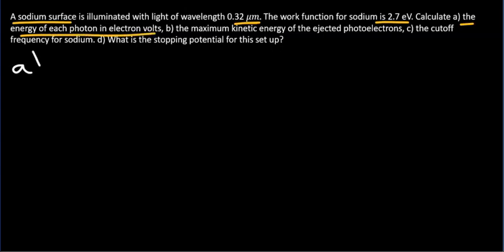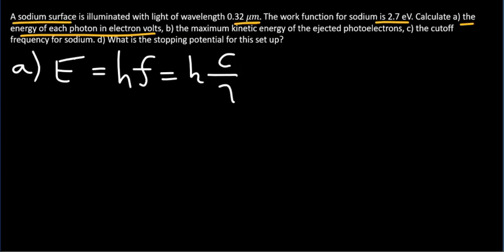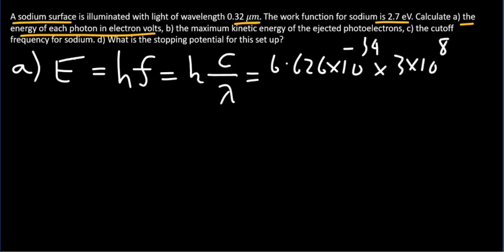Well, that is simple. The energy of a photon is given by Planck's constant times the frequency of the radiation. And since frequency equals speed of light over the wavelength, the energy can be calculated like that in units of joules. So h is 6.626 times 10 to the power minus 34, c is 3 times 10 to the power 8 meters per second.